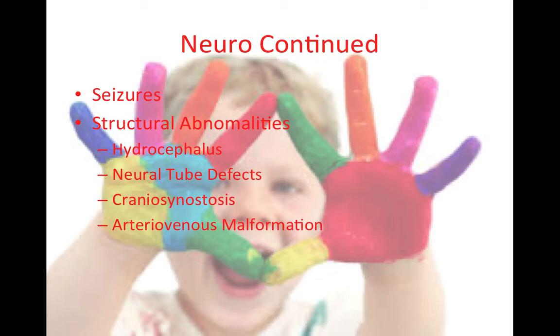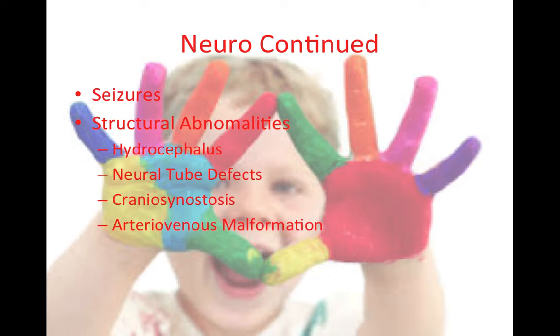You also want to note that the child should maintain an active lifestyle, even if they have seizures such as your tonic-clonic seizures. They don't have to be sedentary or stay at home or be protected forever, even if they have a history of seizures. When we look at hydrocephalus, assessing an infant may reveal lower extremity spasticity.